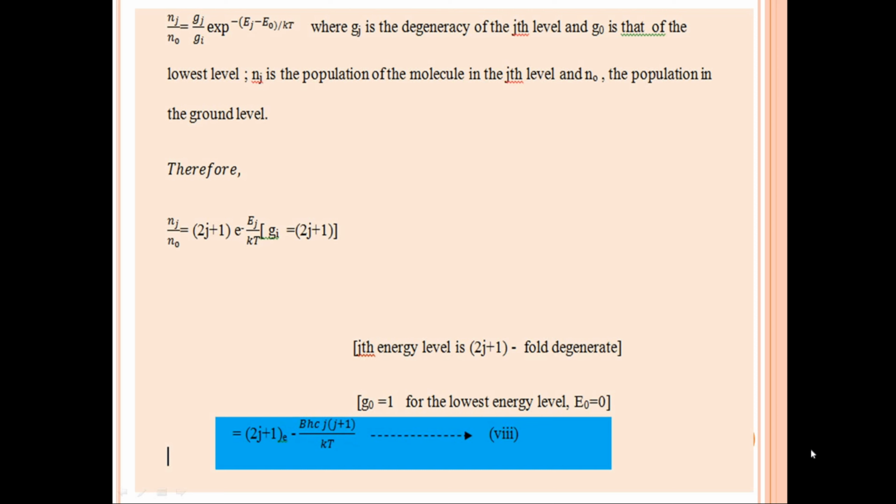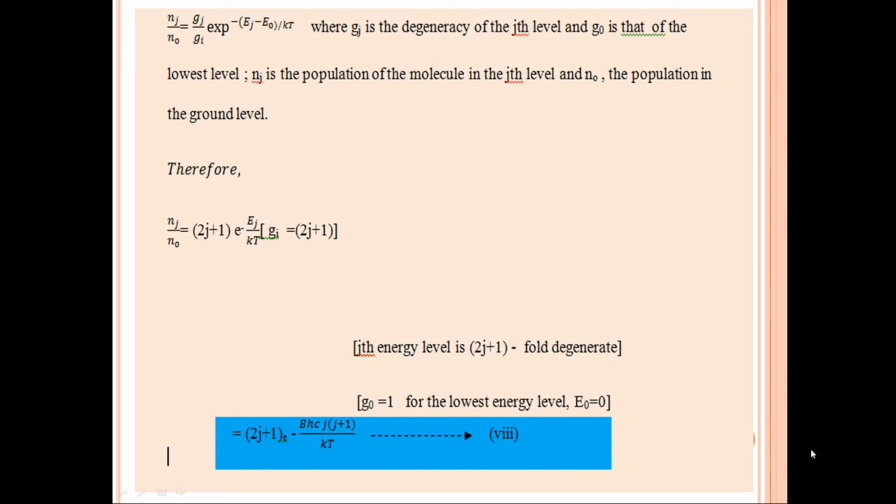Here k is the Boltzmann constant, Gj is the degeneracy of the jth level, and G0 is that of the lowest level. The value of Gj will be equal to 2J plus 1, and the value of G0 is 1.